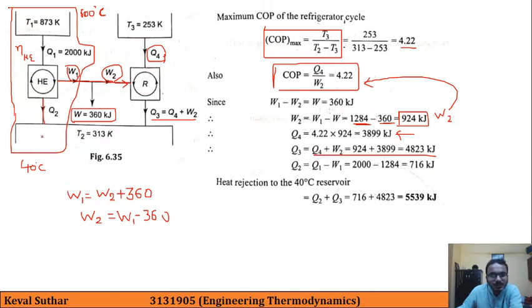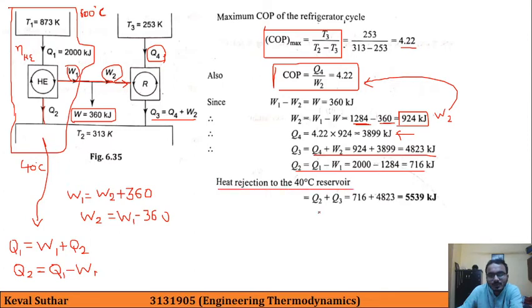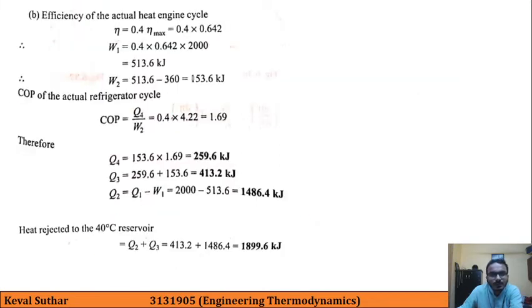If you see this portion, we can say that Q1 is equal to W1 plus Q2. So to obtain Q2, it is equal to Q1 minus W1, and then we obtain this Q2. So the heat rejection to the 40-degree reservoir is Q2 plus Q3, that is, the summation of Q2 and Q3 will provide us the final value.